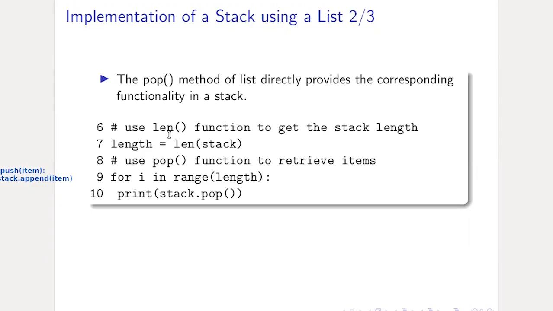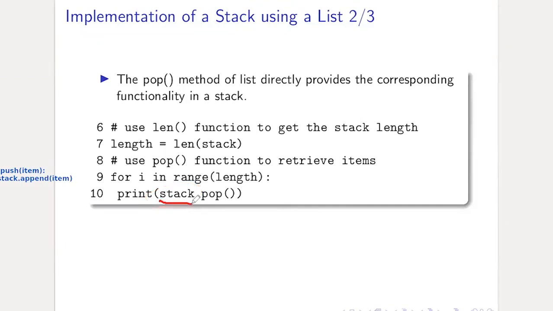And the length function is available here. So in my sample code, you can see I use a for loop to iterate through the stack, which is an iterable data structure, because it's a list.